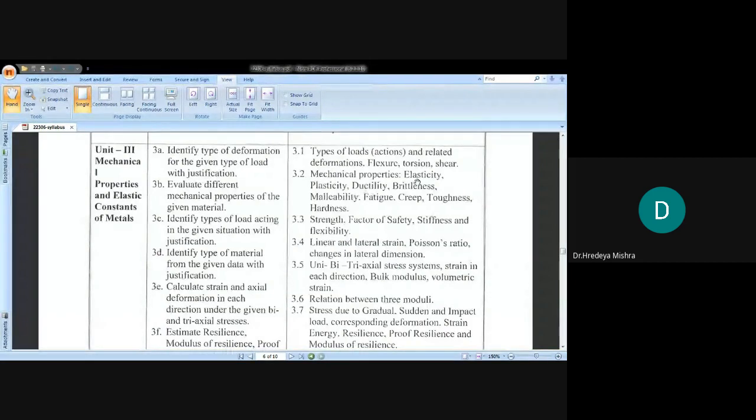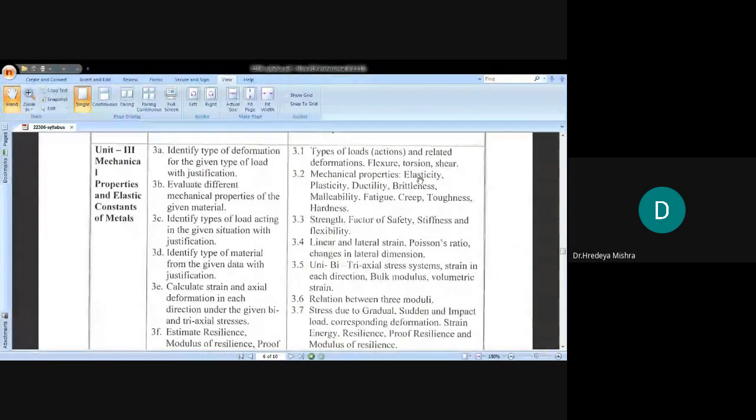Okay, so elasticity, what do you mean by elasticity? Elasticity is a property of a material which gives a phenomenon to material: when we apply a load on the material, the deformation is shown.